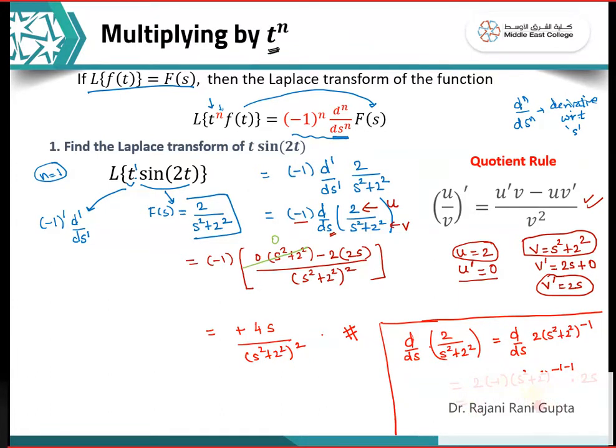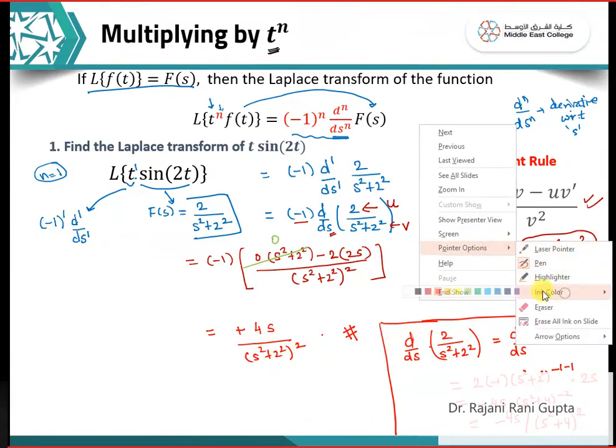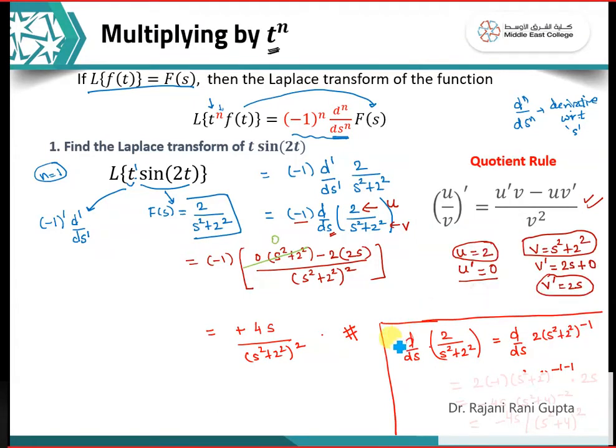When you simplify it, it will give you minus 4s times s square plus 4 to the power minus 2, which is minus 4s over s square plus 4 power 2. You will get the same answer. Here you are getting positive because we are calculating the value of minus of d by ds. So if you have minus here, you get minus here, one more minus sign, so this will become plus. But the method remains the same.